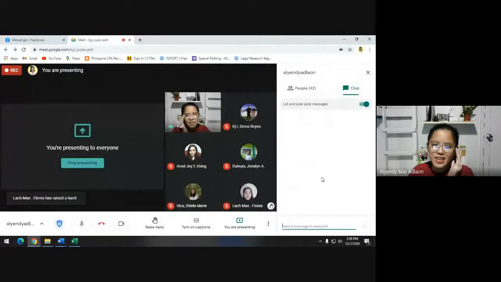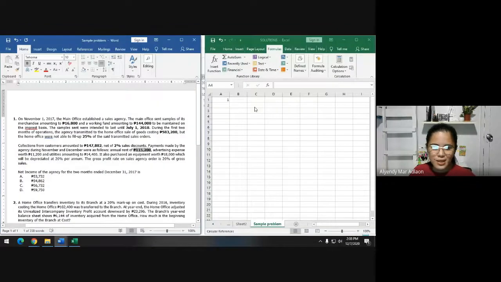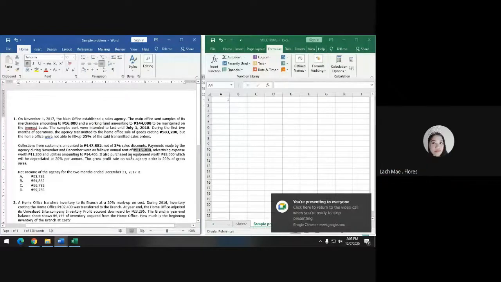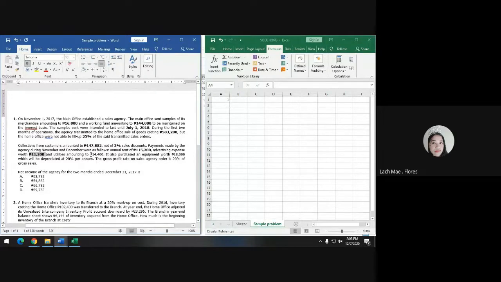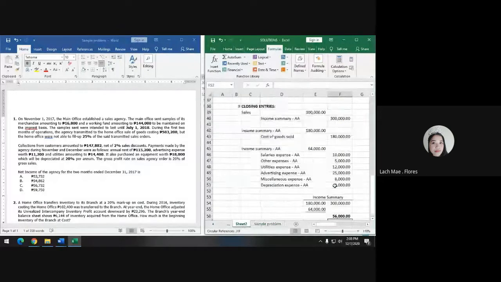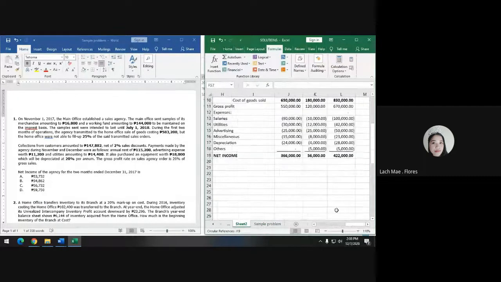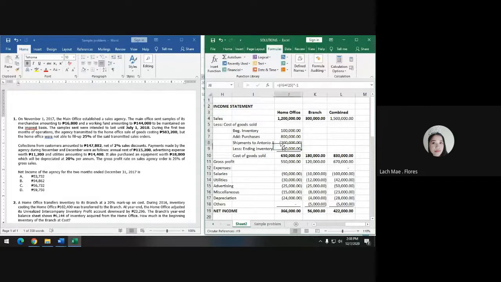Did somebody raise their hand? Miss Flores, do you have any concern? Ma'am, I was confused about the consolidated statements, since the shipment disappears. The cost of goods sold is still the same as the total. What I mean by the shipment disappearing is that it does not mean it is no longer deducted.